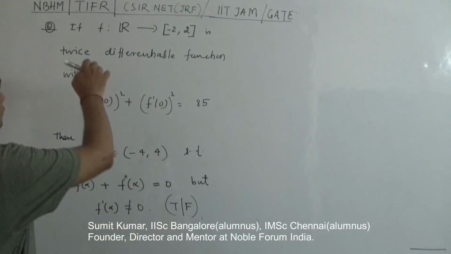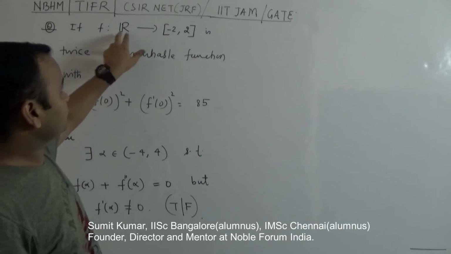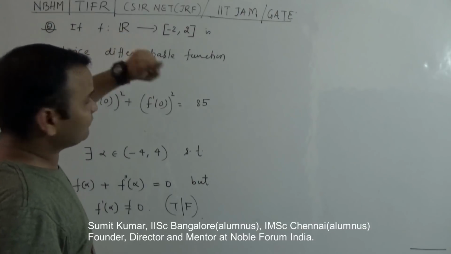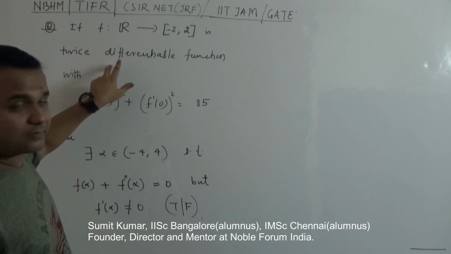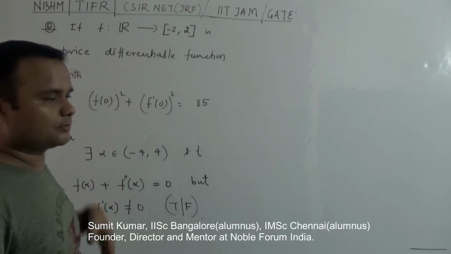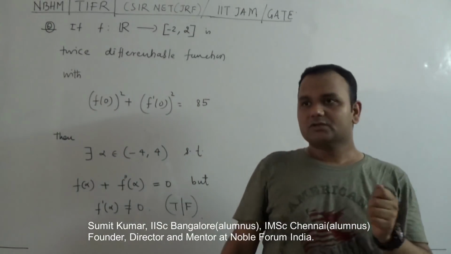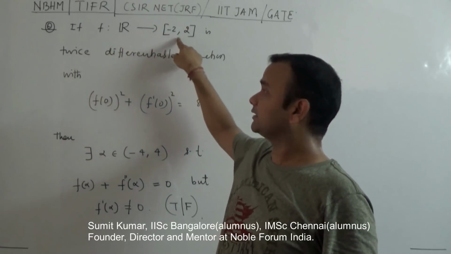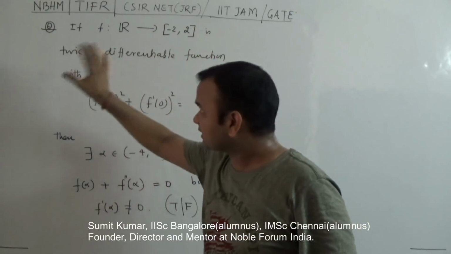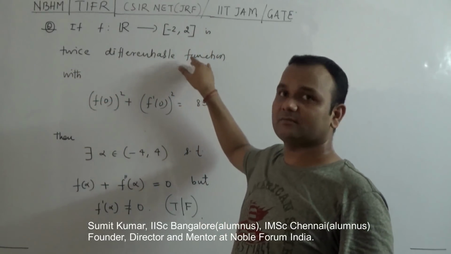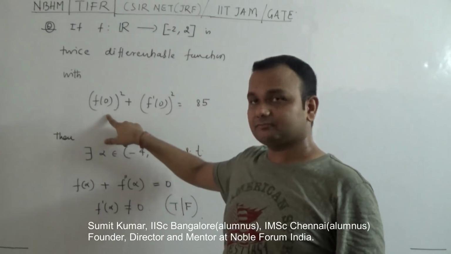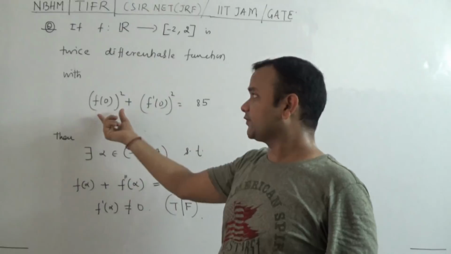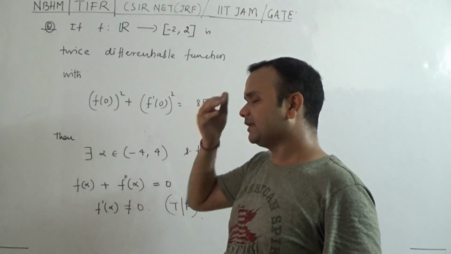So the question is: f is a mapping from R to the compact set [-2, 2], so f is a real valued function. What kind of function? A twice differentiable function. f is a function with domain R and codomain [-2, 2], twice differentiable, with the condition that the square of the value of f at 0 plus the square of the derivative at 0 gives the value 85.